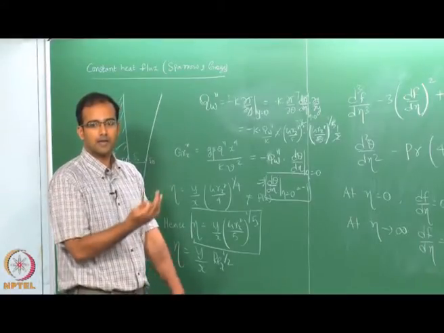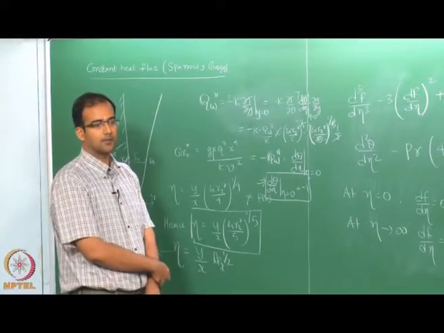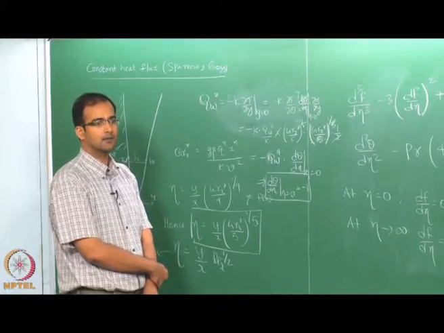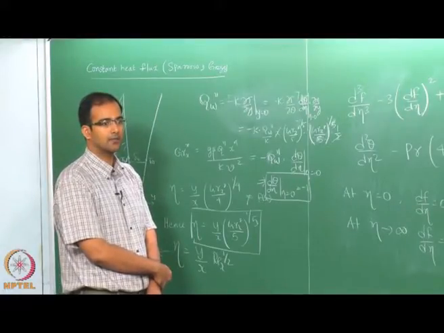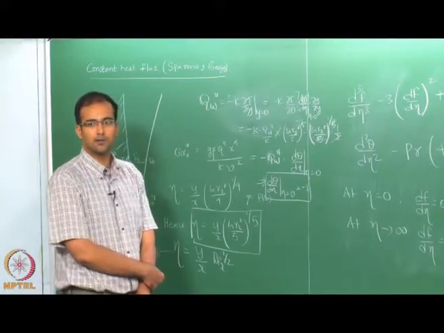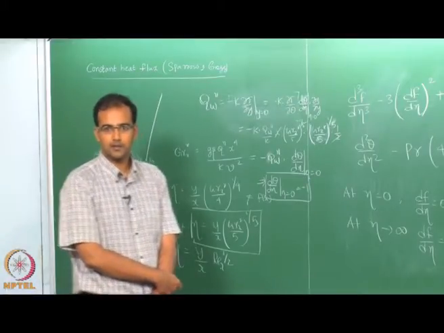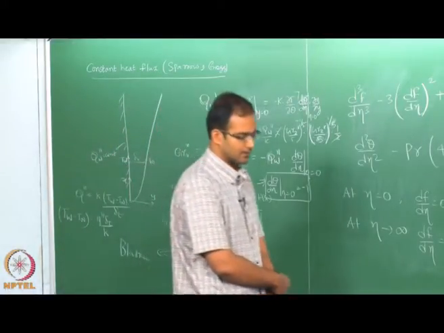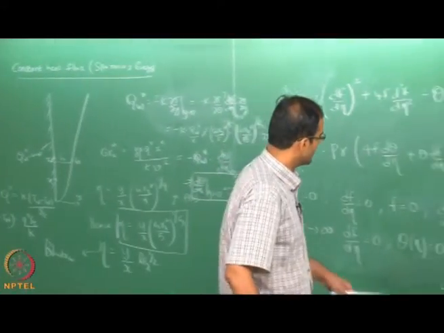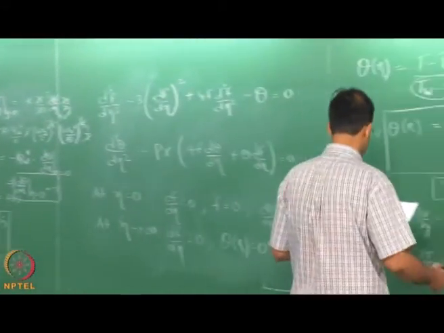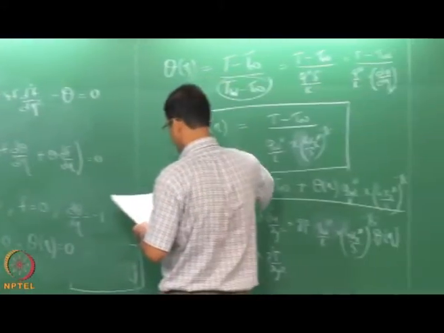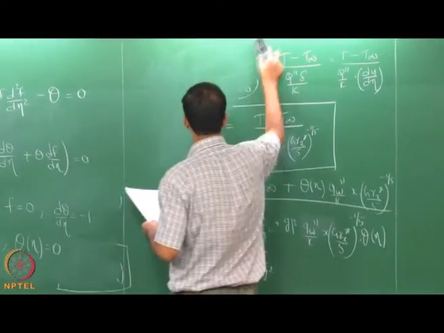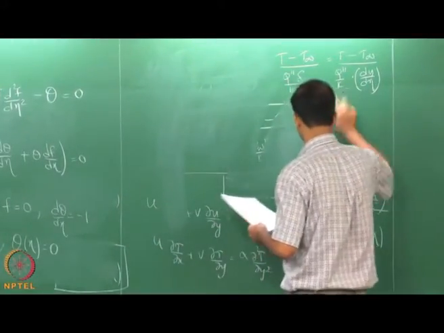So, you have to guess the value of theta at the wall and then satisfy the value of theta at eta going to infinity, the same way as the iterative method. Then you will be able to find the complete solution set, and let me tabulate the final solution.